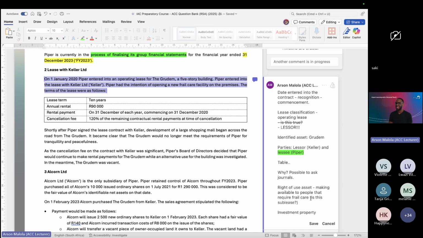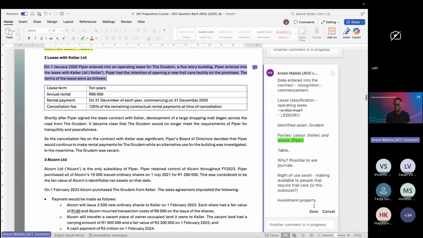If it's a sublease, then we need to think about the classification of this right of use asset and also classifying the sublease as operating or finance lease. Or is this agreement for providing frail care more like a service contract? We don't actually have a sublease to the people receiving the frail care services, so that's also a very valid question to be asking.